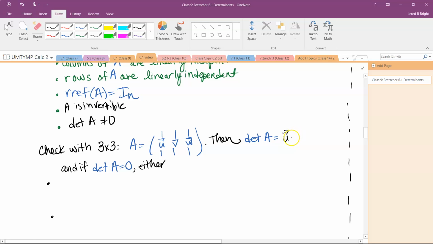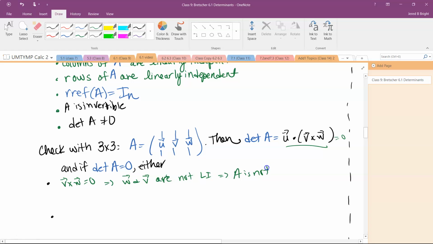The determinant of A is given by U dot V cross W. If the determinant of A is 0, then either V cross W is 0, and if the cross product is 0, that means that W and V are not linearly independent, because they are actually parallel. So that means that A is not invertible.